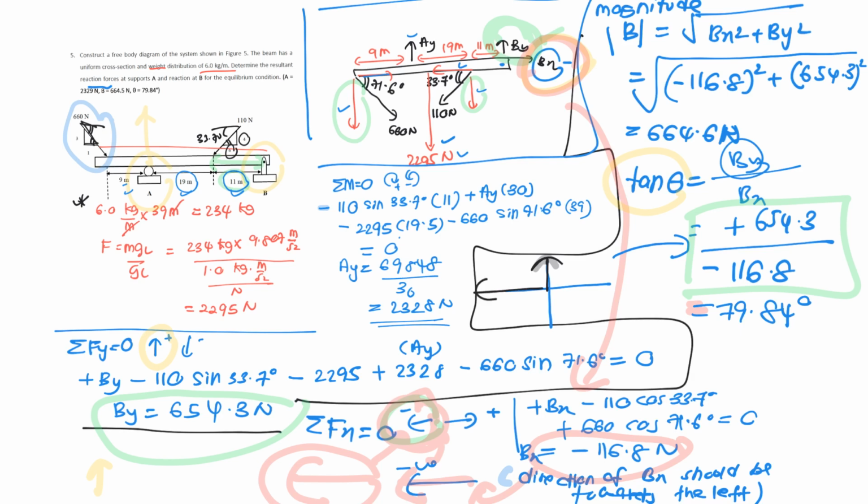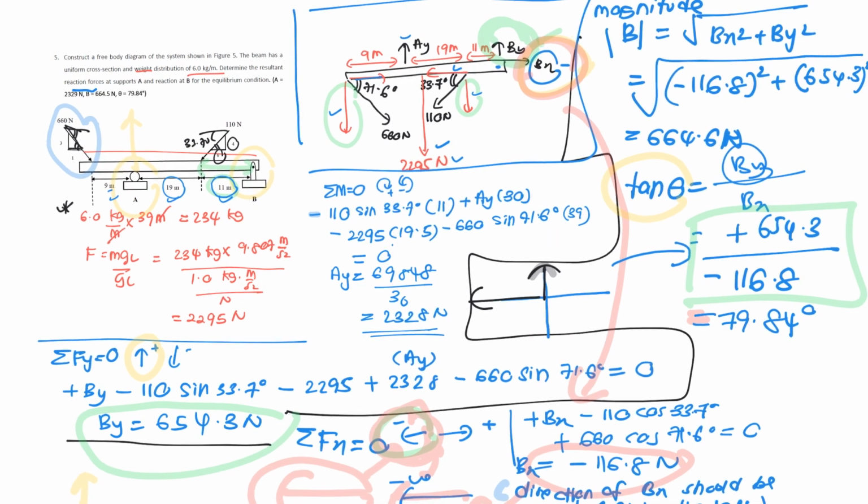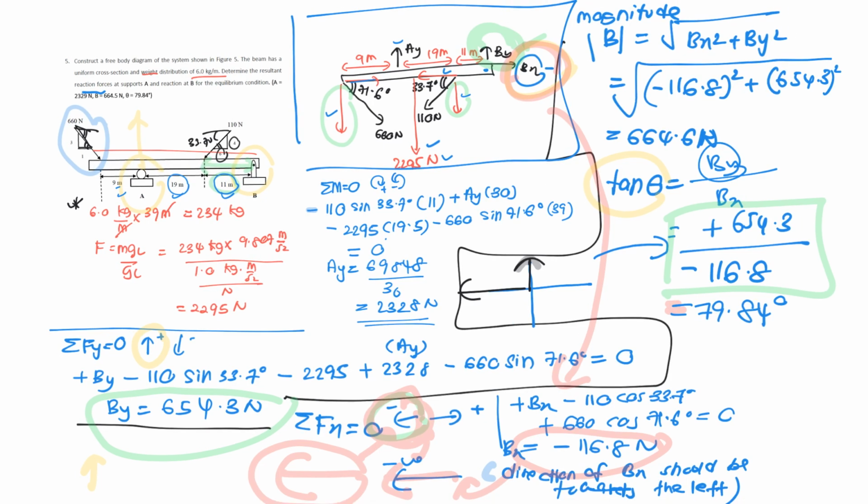So that means my diagram for the reaction force at support A is going to be here. And the angle should be here, so I need to write 79.84 degree with the magnitude of 664.6 Newton. That's how you do it, and that's the reason you are going to get 14 marks.